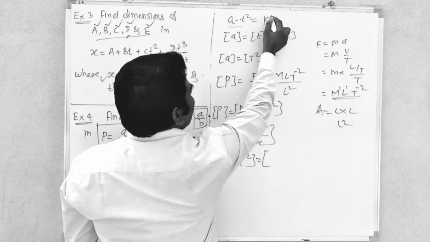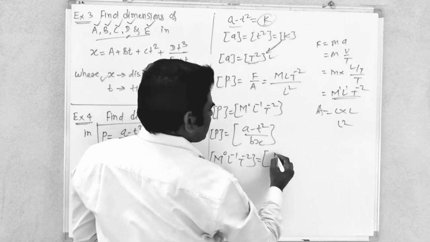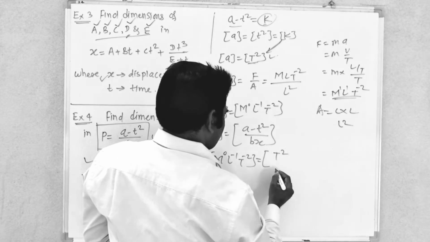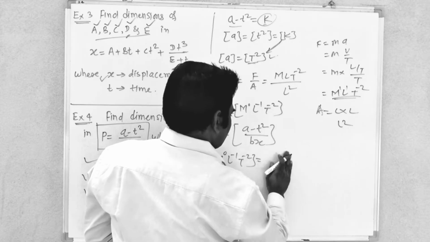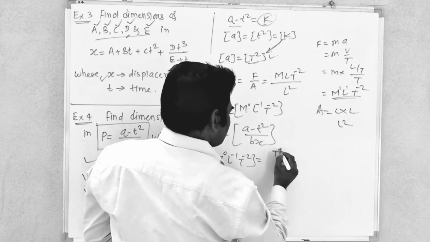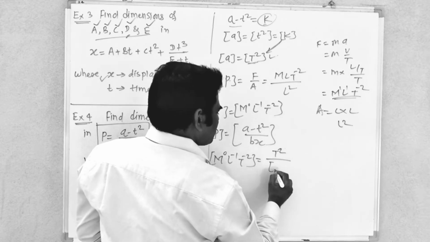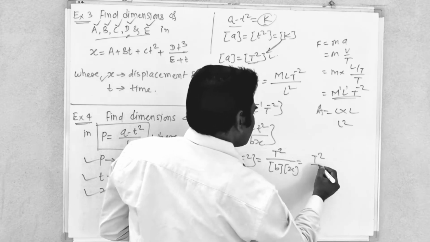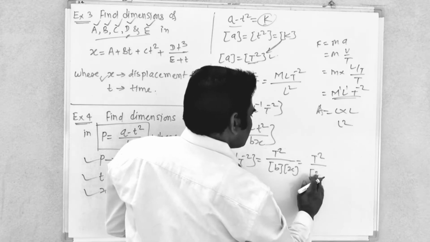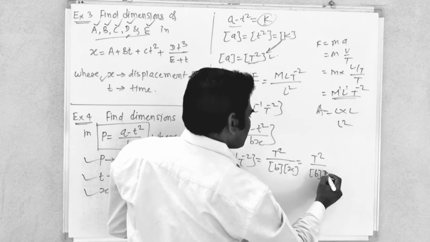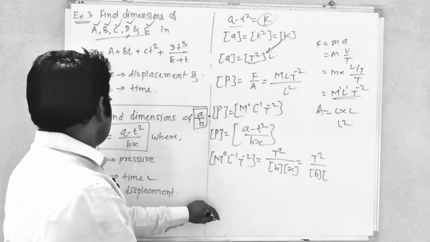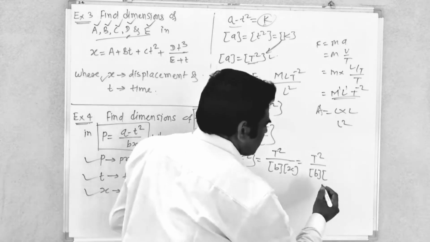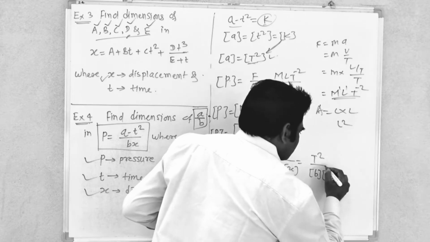A minus T square is K, and the dimension of K is T square, divided by the dimension of B into the dimension of X. X is a displacement, so the dimension of displacement means length, L.